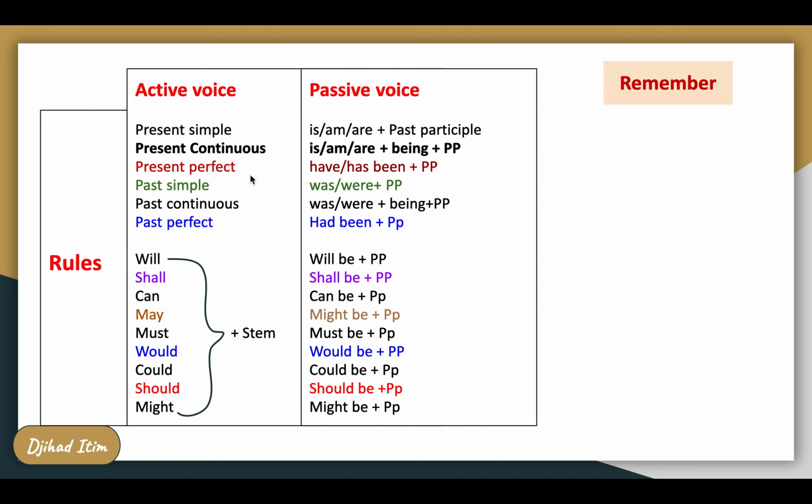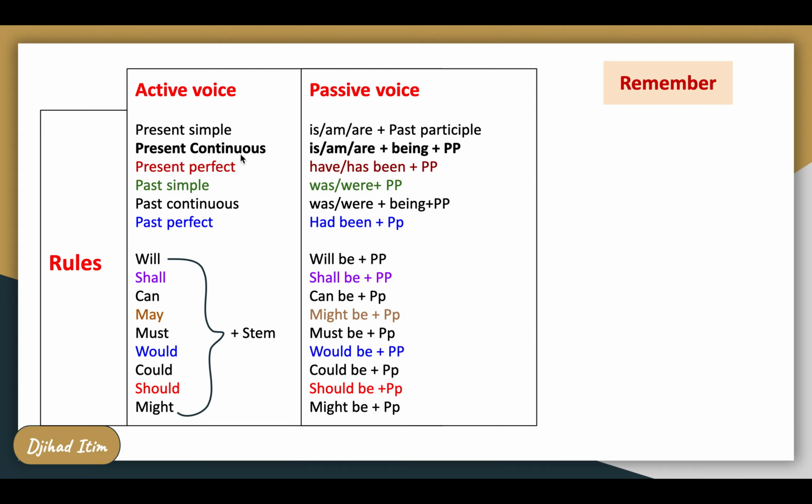Third, present perfect. Since it is present, you use the verb to have: has or have been plus past participle of the verb. For the past simple, you use was or were plus past participle. Past continuous is was or were plus being plus past participle.